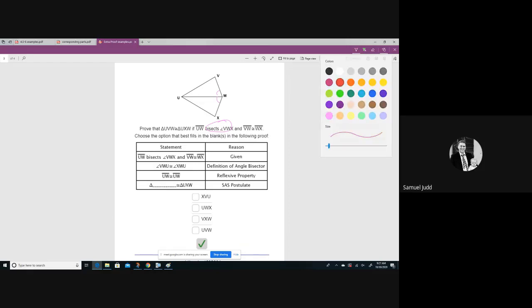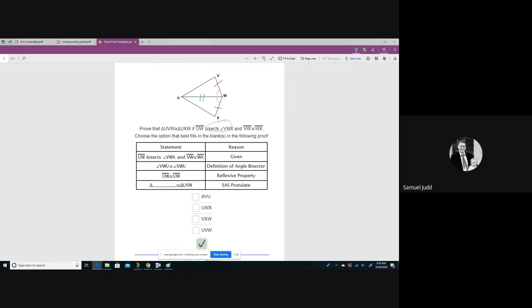And then I know that VW and WX are congruent. Okay, cool. So that's this guy and this guy. Then we need to say, hey, UW is congruent to UW. Of course, that's the no-dub principle or the reflexive property. Hey, we got a side, an angle, and a side. Well, that means our triangles are congruent.